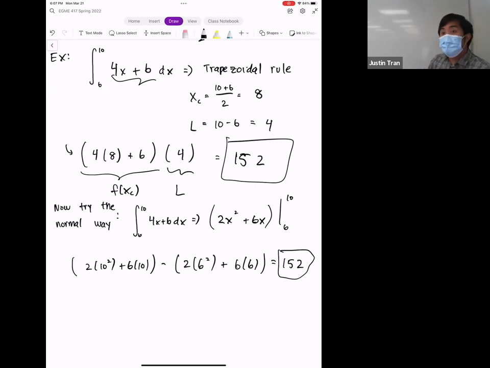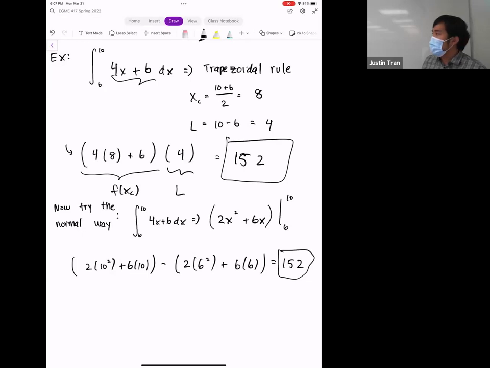Yeah, quick question. I guess how would you know how far off you are? Yeah, it's a good question. So the question is, how do we know how far off we're going to be? A lot of that depends on the integrand itself. The rule for the trapezoidal rule is that if you have a linear function, then you're going to produce an exact integral.